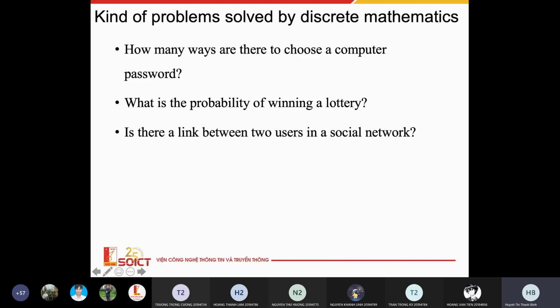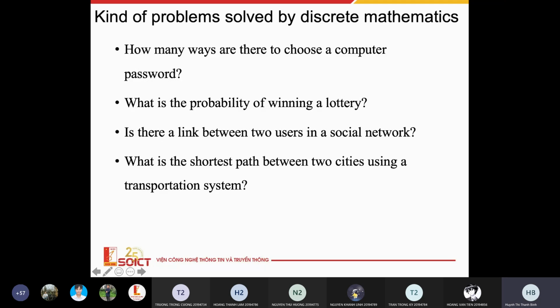Is there a link between two users in a social network? You can answer this question by existence problems. And what is the shortest path between two cities using a transportation system? You can answer this question by graph theory. So here are some examples of problems which can be solved by discrete math.